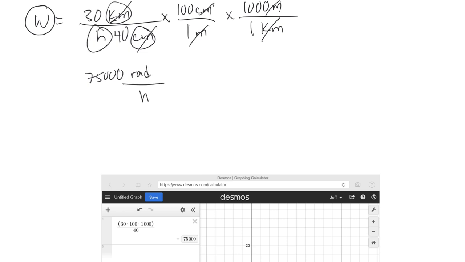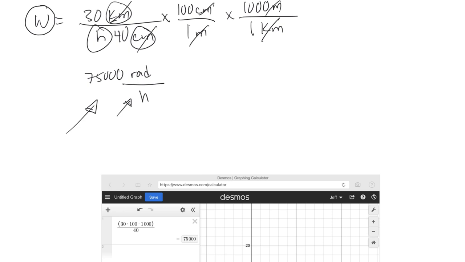Now the question might ask for, if they just say what's the angular velocity, you could just say 75,000 radians per hour. But they might want to know what it is in revolutions per hour, or maybe revolutions per minute. So you need to be able to convert this to something else.